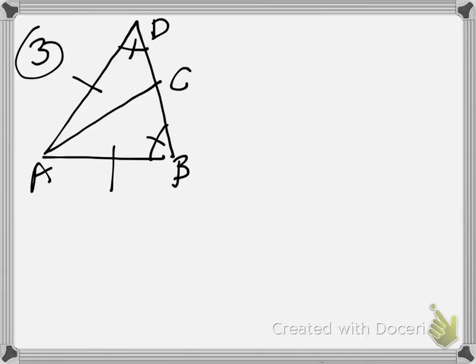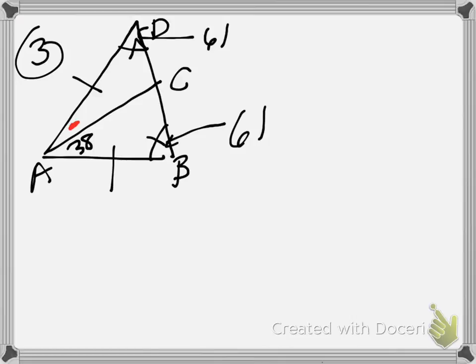Angle BAC is 38 degrees, that's this one. Angle D is 61, that's this one. So that means I know right away this one is also 61. And we need to find angle DAC, and angle DAC is this one right here.